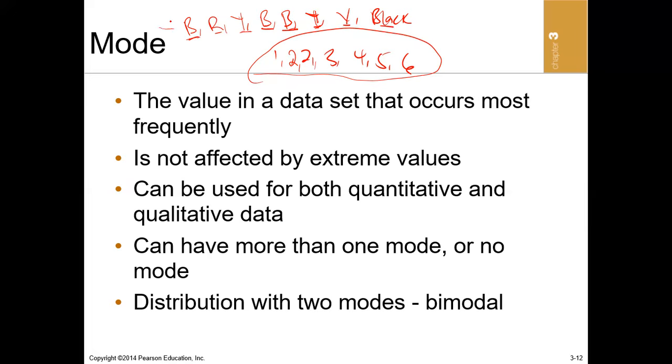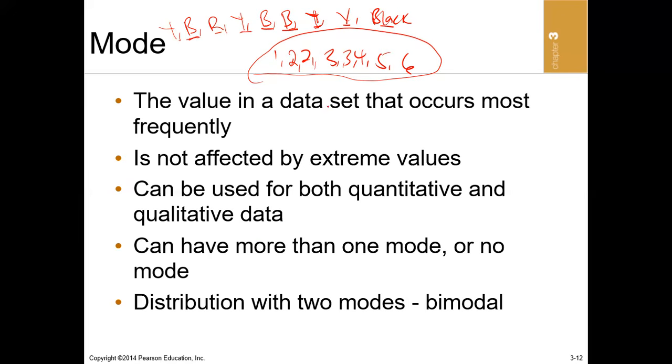If I add another yellow, yellow appears 3 times and blue also appears 3 times. So the mode is both blue and what? Yellow. Even with quantitative data, if I add 3 to this set of figures, 2 appears twice and 3 also appears twice. So the mode is 2 and also 3.